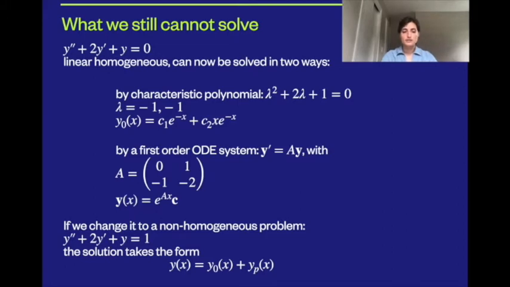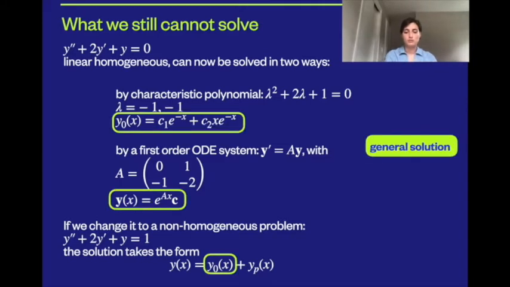Well, as a general statement, the solution of a non-homogeneous problem takes the form of the general solution, that is the solution of the homogeneous problem associated to our non-homogeneous problem, plus a term that we call particular solution.